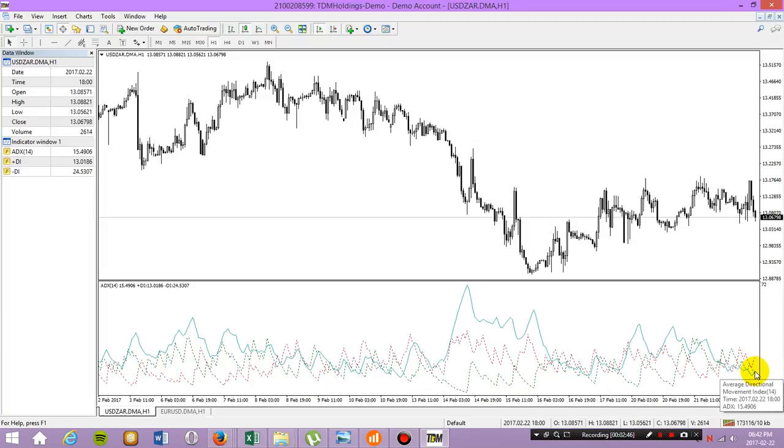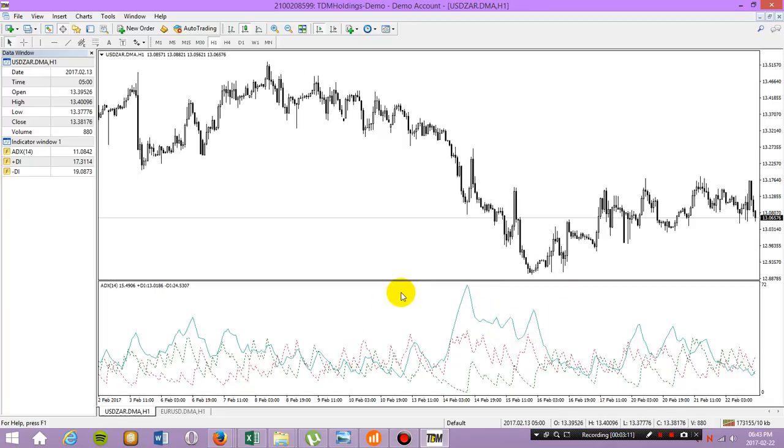So if you go here, you can see your ADX is at 15.4906 when we're over there, and that just shows you that you're in a very weak trend, because below 20 is a weak trend, and anything above 50 plus is a strong trend. As you can see here, this is a clear downtrend, and we're seeing the same reflection in our ADX.